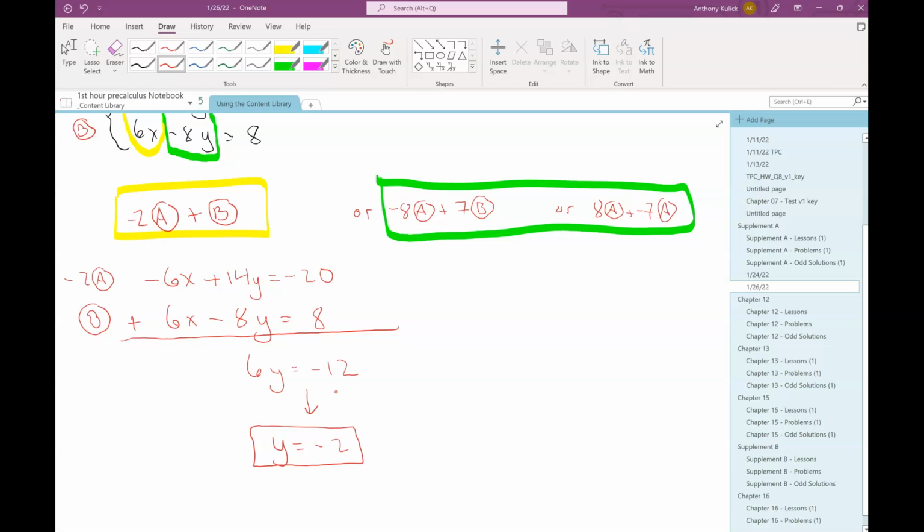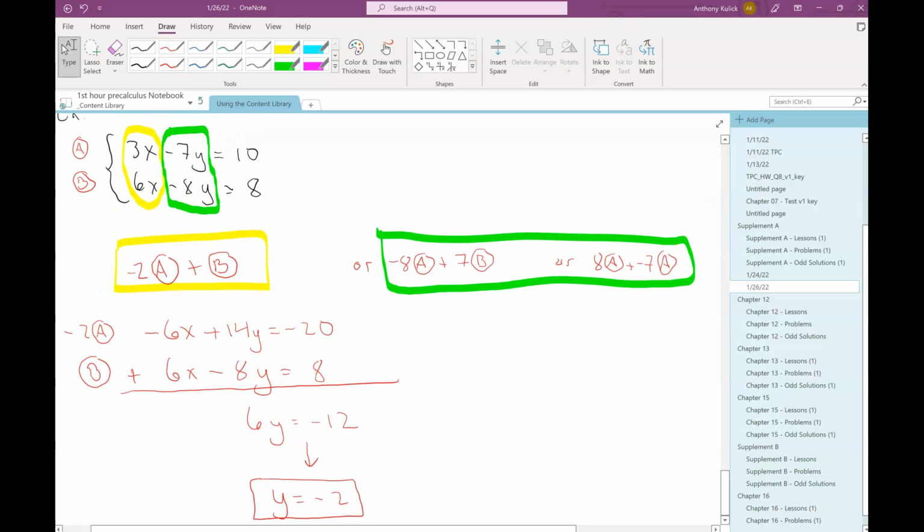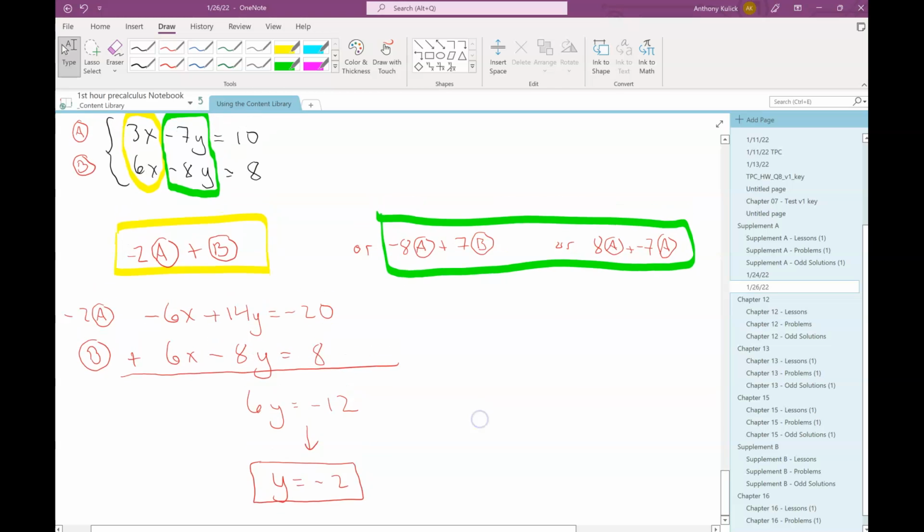To get my other variable, to get my x, I'm going to go ahead and plug in negative 2 back into either equation A or equation B. It doesn't really matter. I'm going to use equation A because the coefficients are smaller.